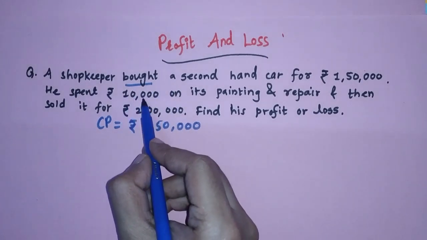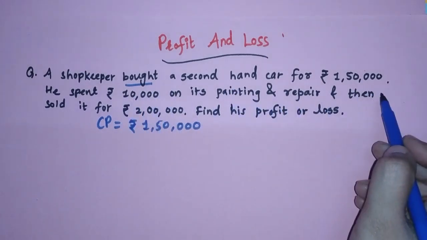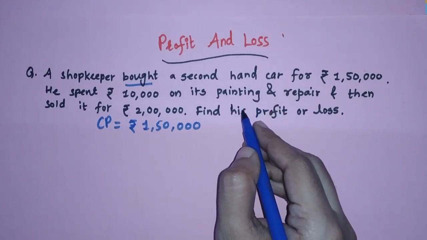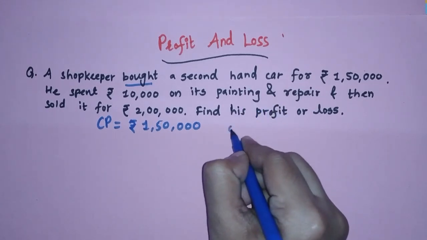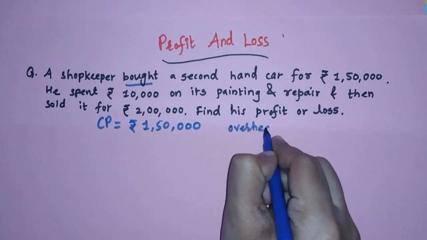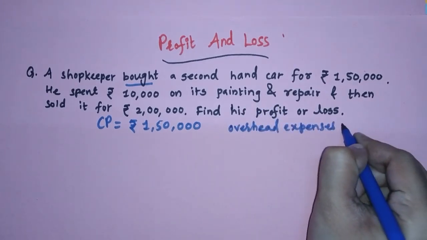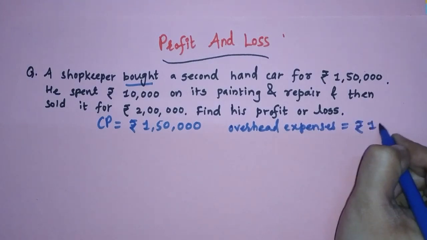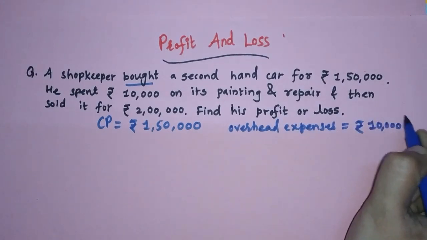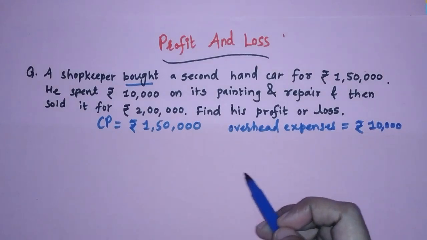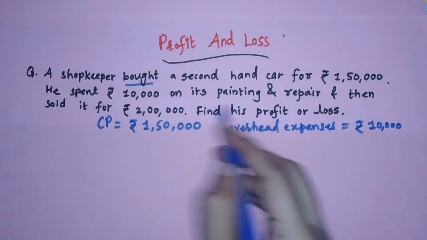And he spent rupees 10,000 on its painting and repair. Whatever the painting and repair charges are, we call them overhead expenses, which are extra. So the overhead expenses are rupees 10,000. Always remember, whatever extra charges are incurred on the article, we have to add in the CP.